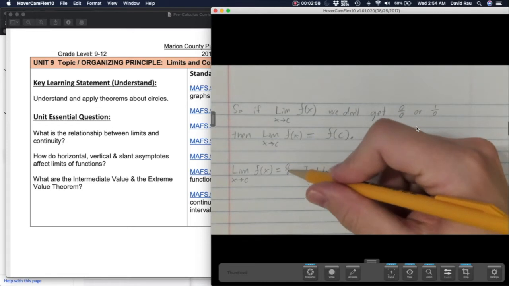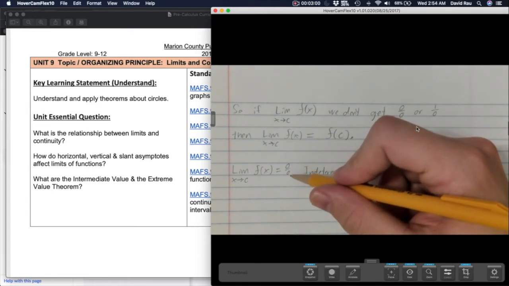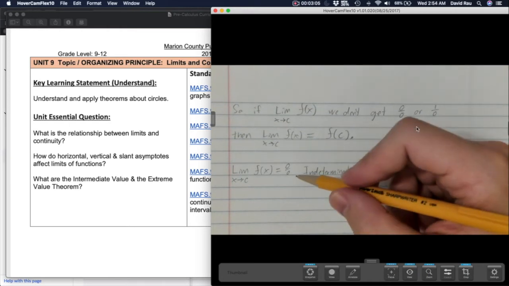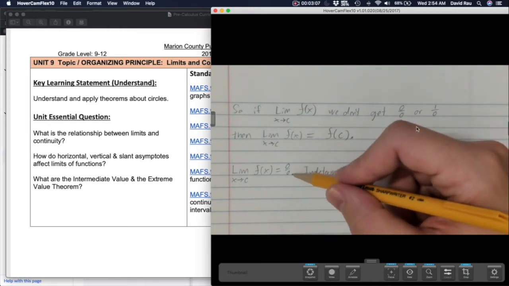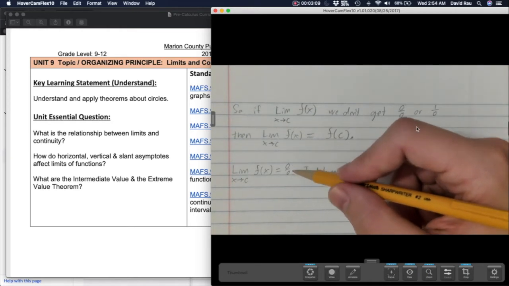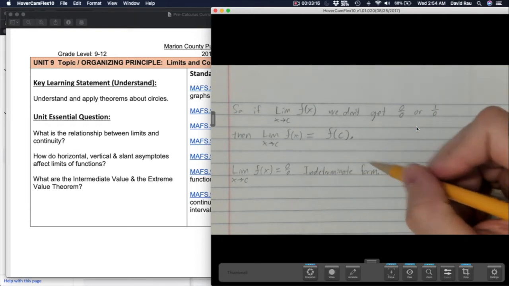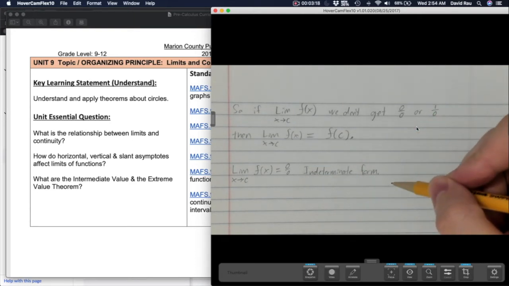That's why it's indeterminate form. It's just a very special case, so exactly when you see 0 over 0, or later on we'll see if you see infinity over infinity, we call that indeterminate form, and what it means is there's something you can do to your function to where you can actually get a valid answer.